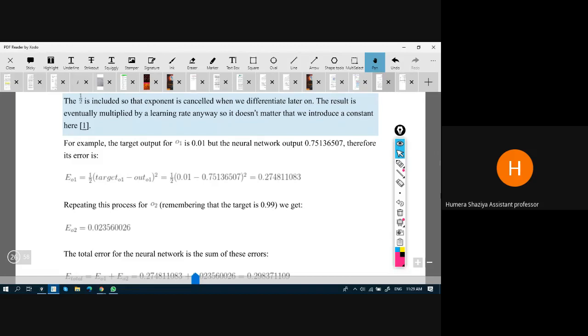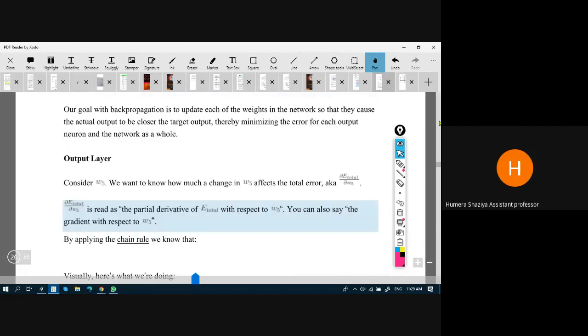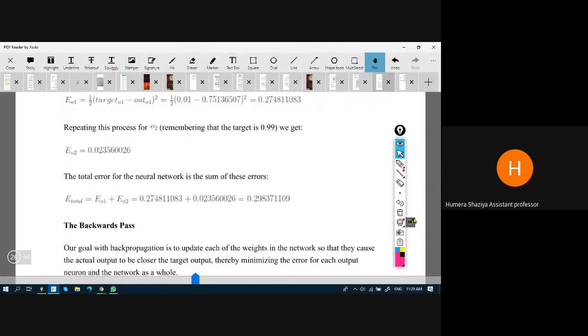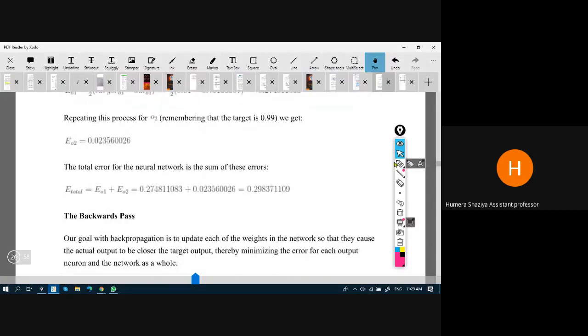And O2 error is this. And the total error is this, the total error of O1 plus O2. You have obtained the error after the first epoch.